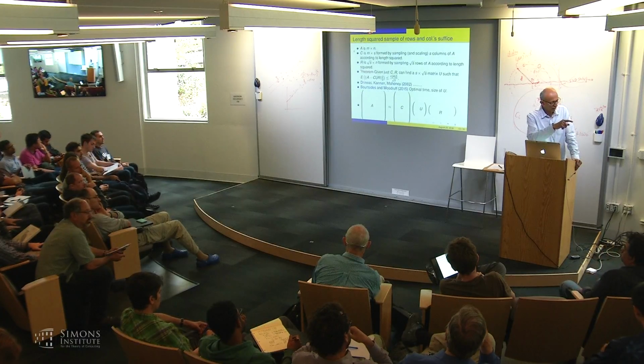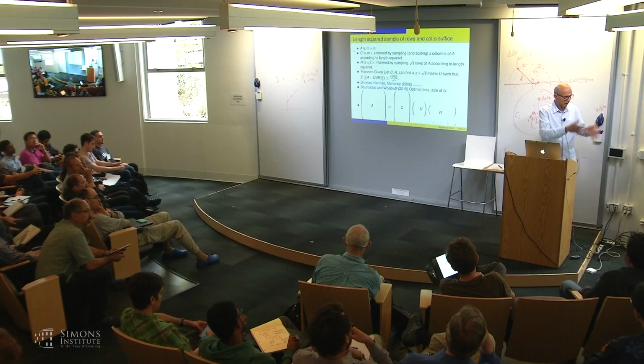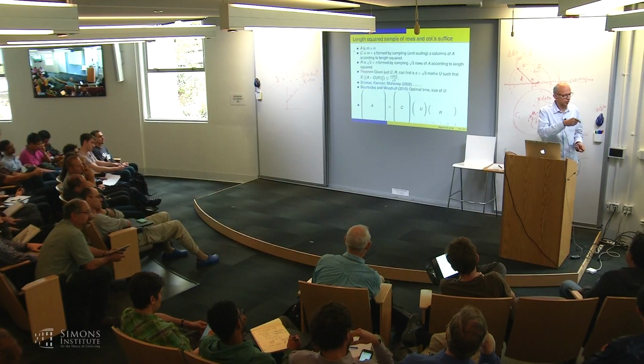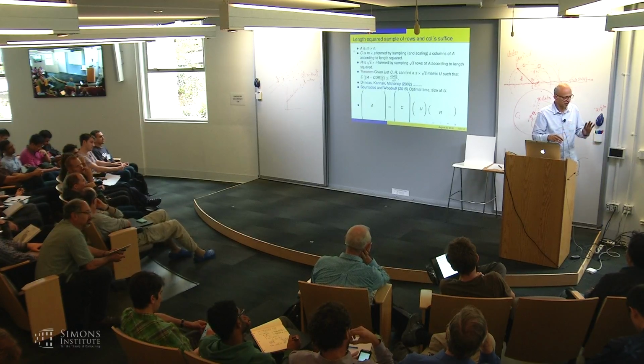Using those, if you have a long skinny matrix, you can make do with a number of samples that depends on the smaller dimension and still get the Penrose inverse correct. But you need a number of samples that depends on one of the dimensions at least.